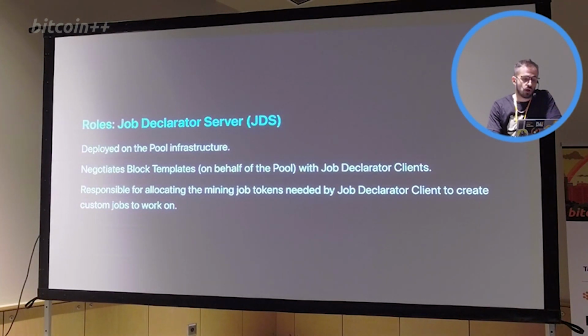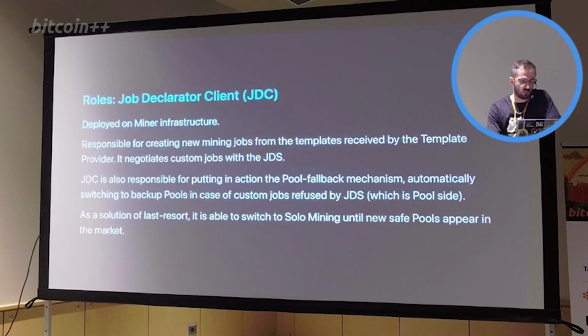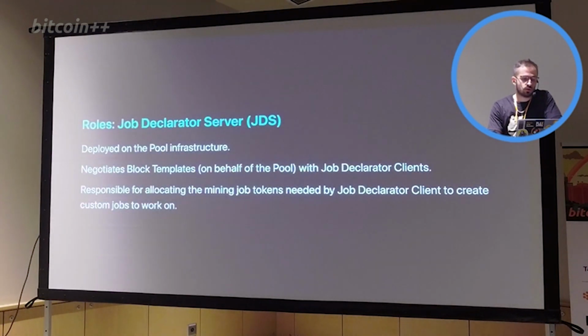Now, these two roles, job declarator server and client, are the parts of the job declaration protocol. This is where miner and pool are negotiating the templates. So the pool runs a server, the miner runs a client, and they'll come to a sort of agreement: the pool is telling up front, hey, these are the rules that we're putting together in our blocks.